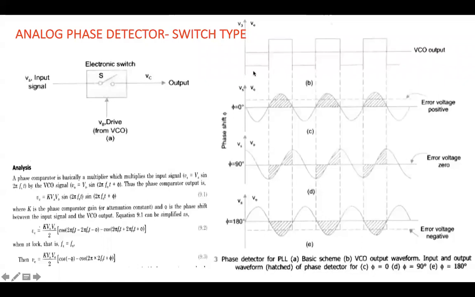Only when it is high, at different phase shifts, does it show us the error. So it's a pulsed mode, a pulse, so we call it a switch type, 0 1 0 1, and so on. So it's called an electronic switch.